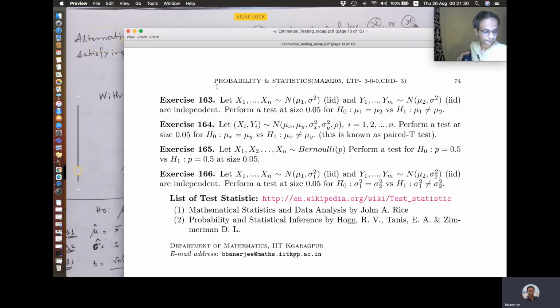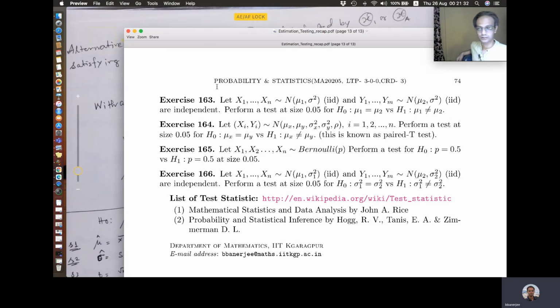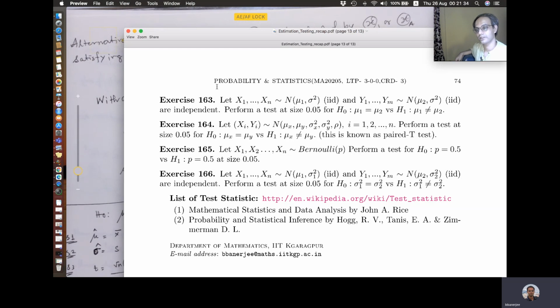That pooled estimate of sigma square can be obtained from both of the samples. So let me just tell you how you can do it.